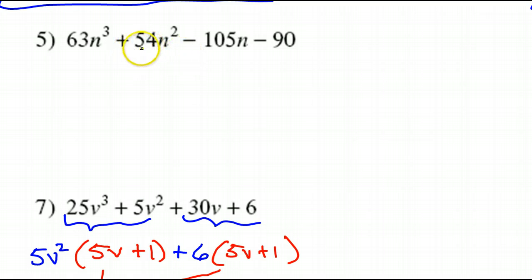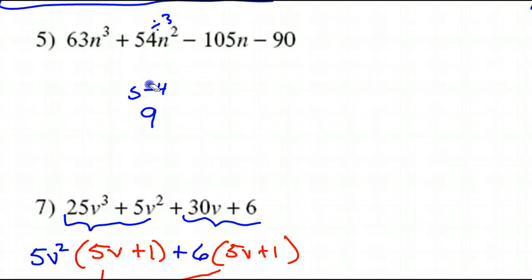For example, if I want to know if 54 is divisible by 3, if I add up the digits, I get 5 plus 4, and that's 9. Since 9 is divisible by 3, that means 54 will be divisible by 3.